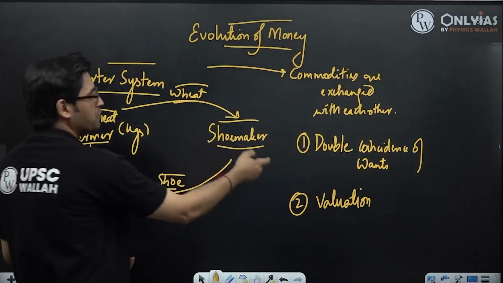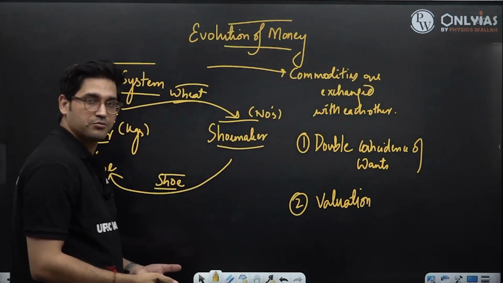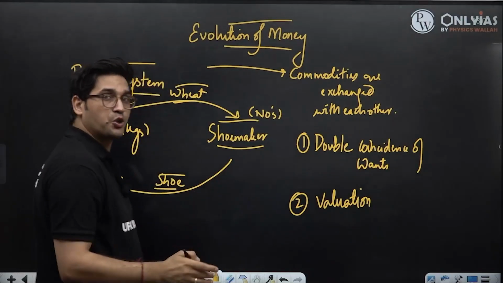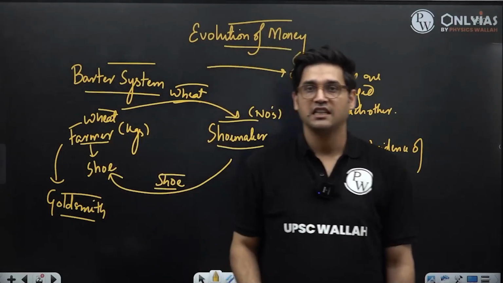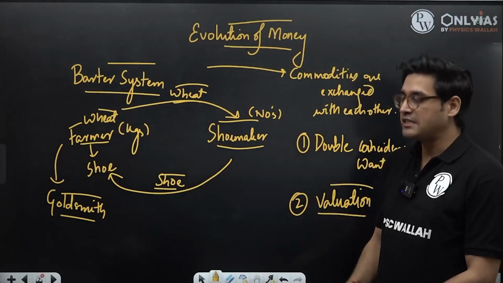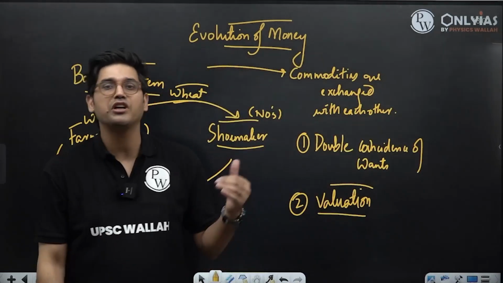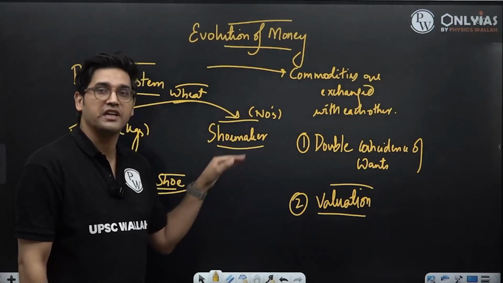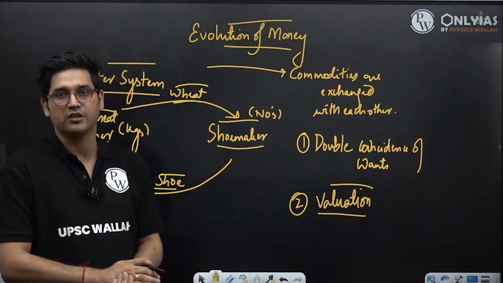He produces shoes and the shoes are measured in numbers. How much should one shoe cost in terms of wheat? That is the problem of valuation. That means in the barter system, how much wheat is he going to ask for a shoe in exchange is going to be considered the problem of valuation.